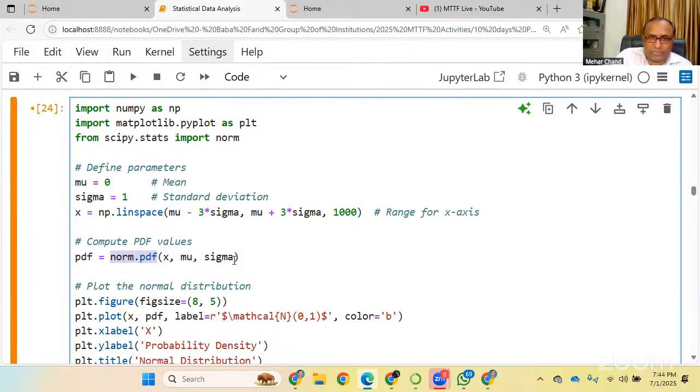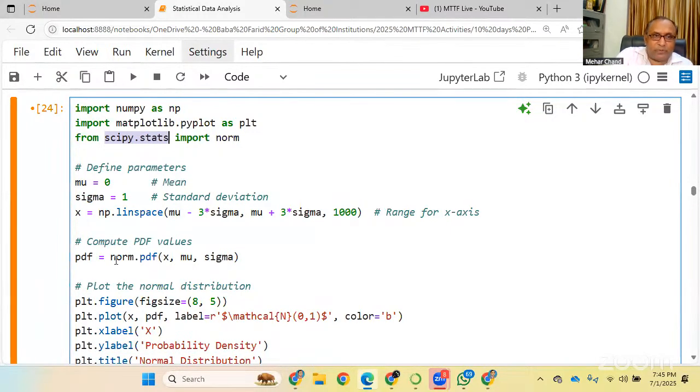This is the inbuilt function in Python, in scipy.stats, so only the arguments which can vary are required.